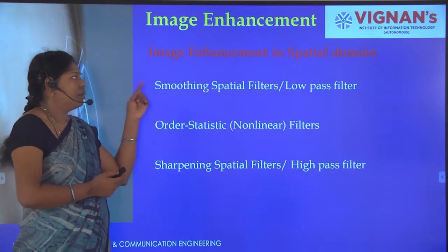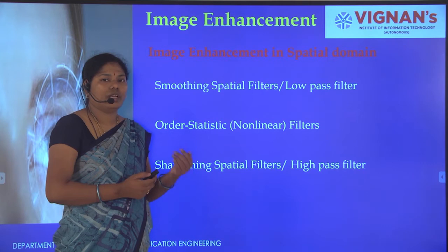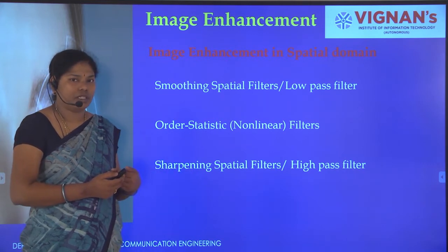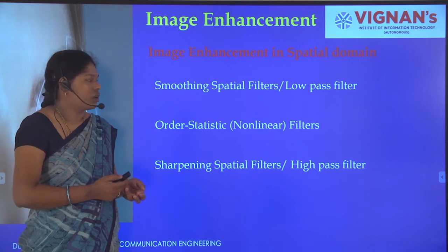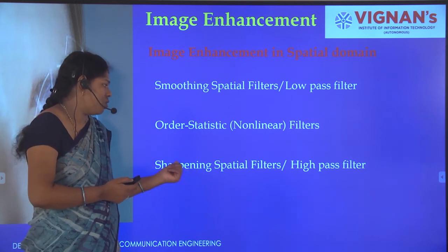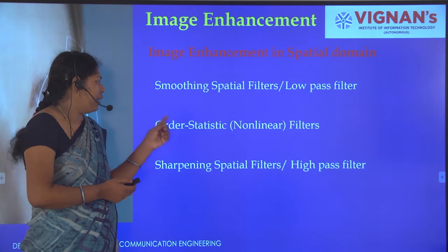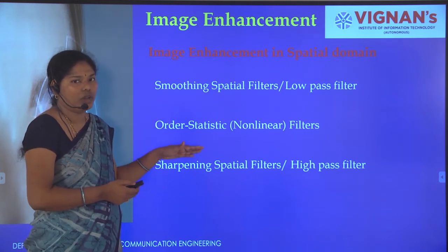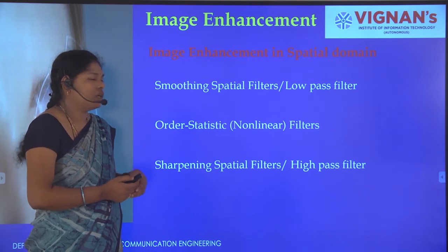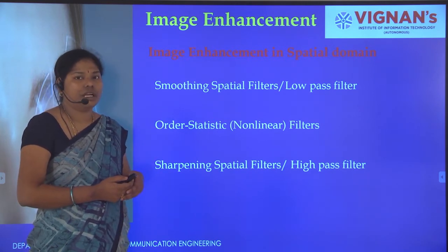Next, in image enhancement in spatial domain we have a low pass filter and a high pass filter. Low pass filter we also call smoothing, and high pass filter we call sharpening. And here we have filters that are linear, and at the same time non-linear. Linear filters we call averaging, weighted averaging filters.